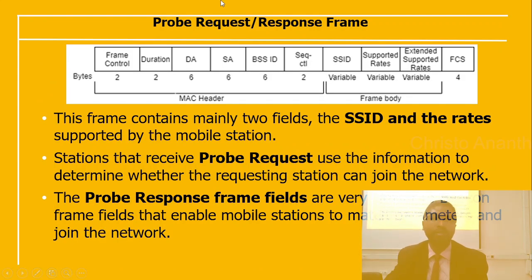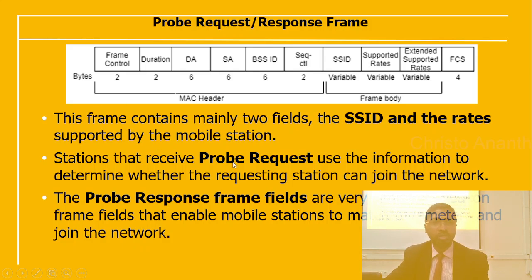Here we have the frame control, duration, destination address, source address, basic service set ID, sequence control. These are all the MAC header. This is the frame body: SSID, supported rates, extended supported rates, and the FCS as well.